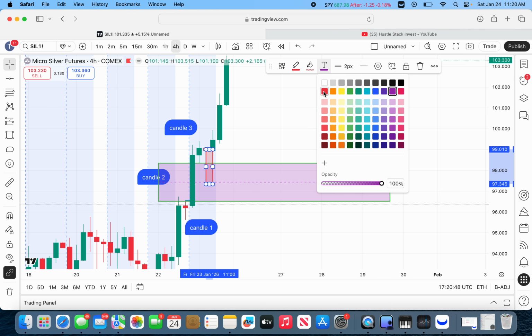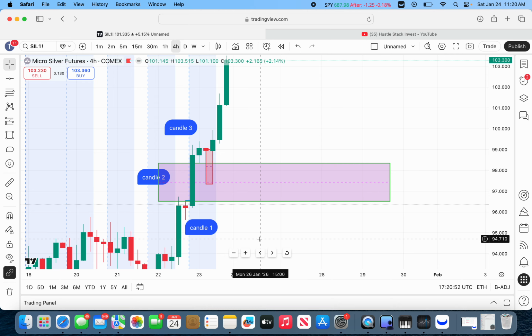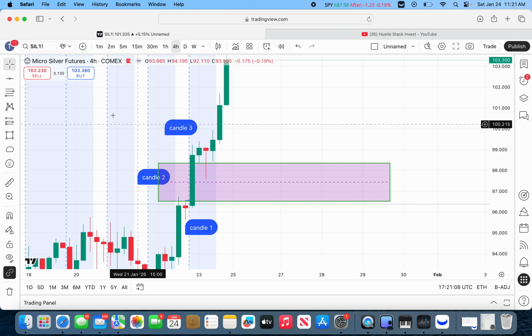We get a red candle and it closed within this fair value gap, right? This will now be invalid, because we want to see price tap into it. All we want to see is a tap and then get out. That's showing us that it has a powerful reaction to this fair value gap. When it taps into it, grab orders, grab money, get out, and then push up higher. That is what we want to see.